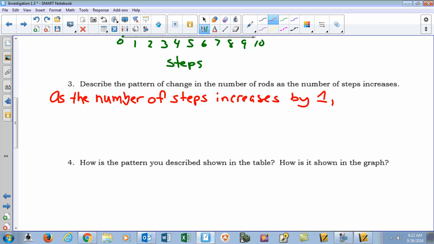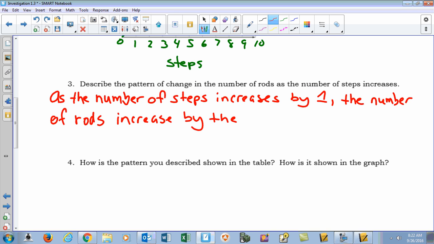So we can say the number of rods increased by the next even number. Or from what Dana said, you could even say by 2 from the previous number, right?